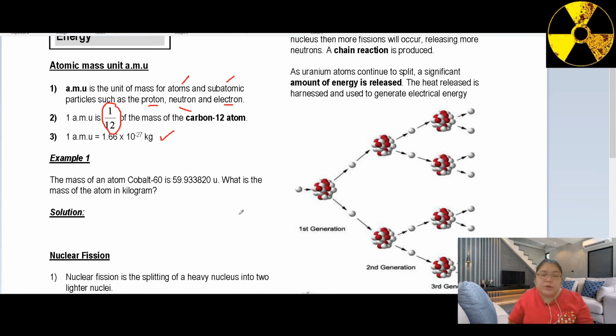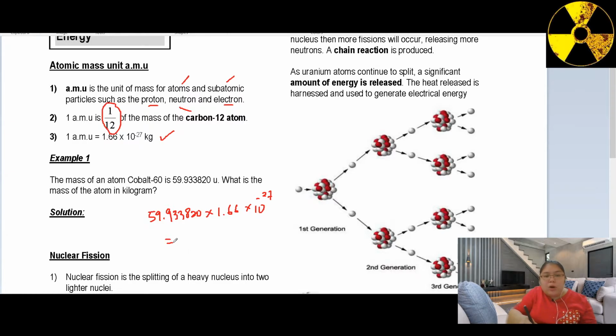So straightforward, we take the 59 point something. Please use the full number. You cannot shorten it to 2 decimal points. After that you multiply with 1.66 times 10 power of negative 27.